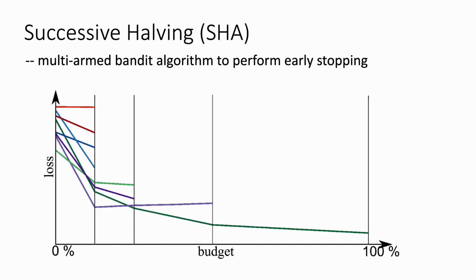Successive halving is a prime example of multi-fidelity optimization methods. The concept is pretty straightforward. It assumes that all configurations can be stopped early and aims to allocate most resources to the most promising configurations. Picture this: you have n different configurations and a certain budget, like training time.